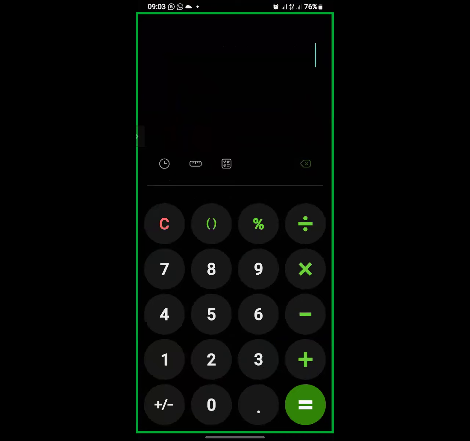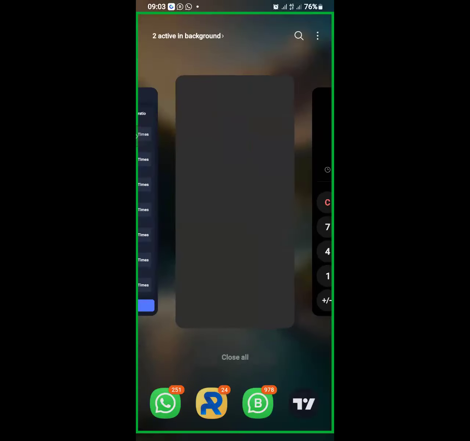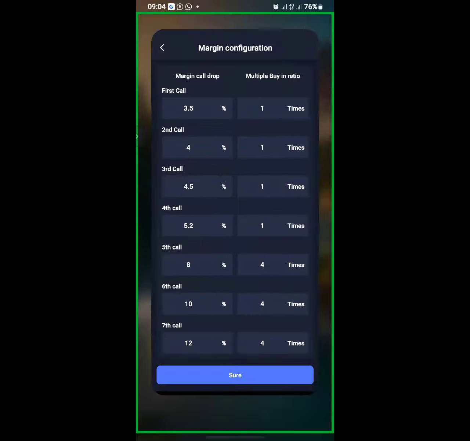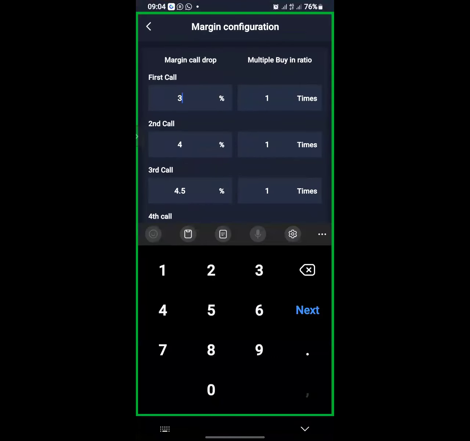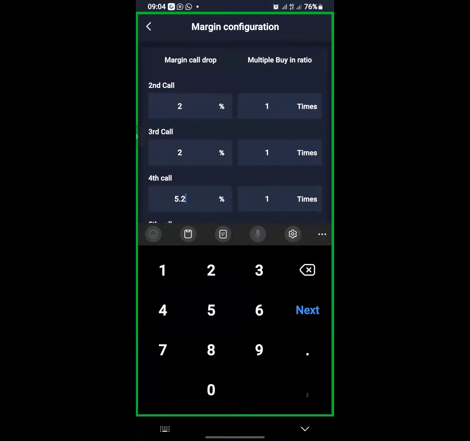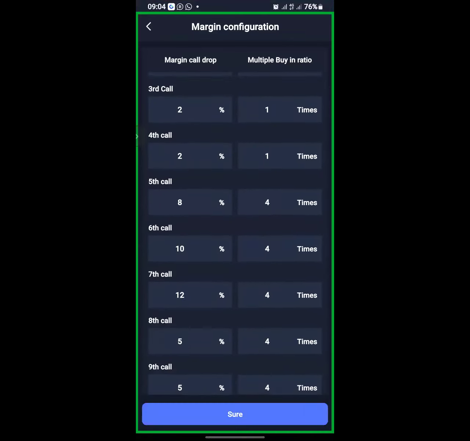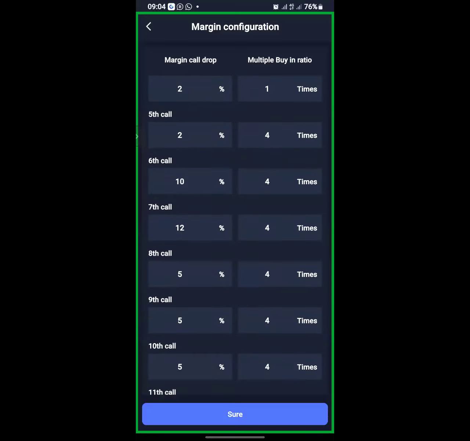Now you've got 15 margin calls on your strategy, then you're going to get that 30 and divide it by 15. That means it is going to give you 2 on each and every margin call drop. So you come here and put your 2. By the time your coins fall up to that, it will have bought all your margin calls.